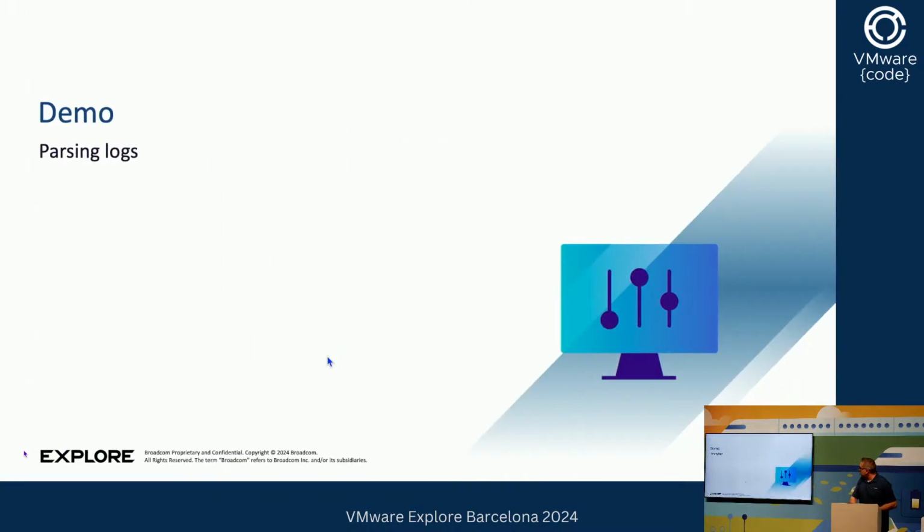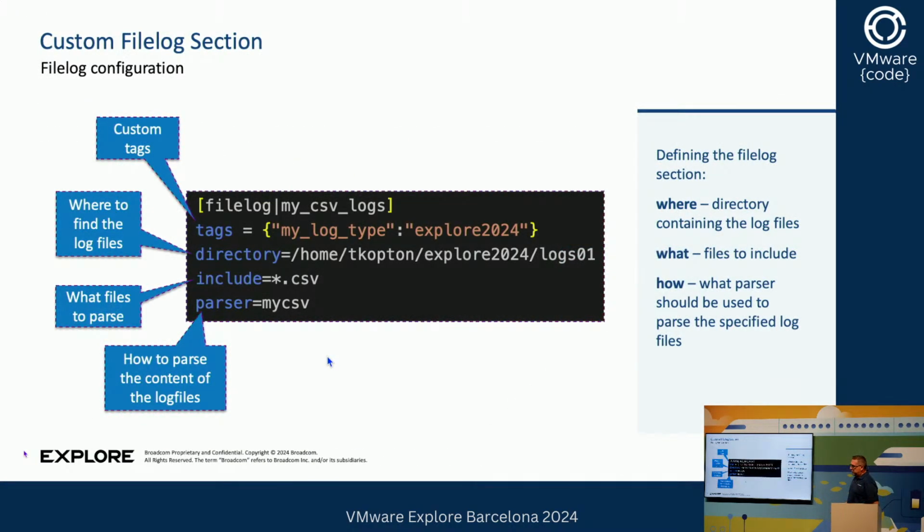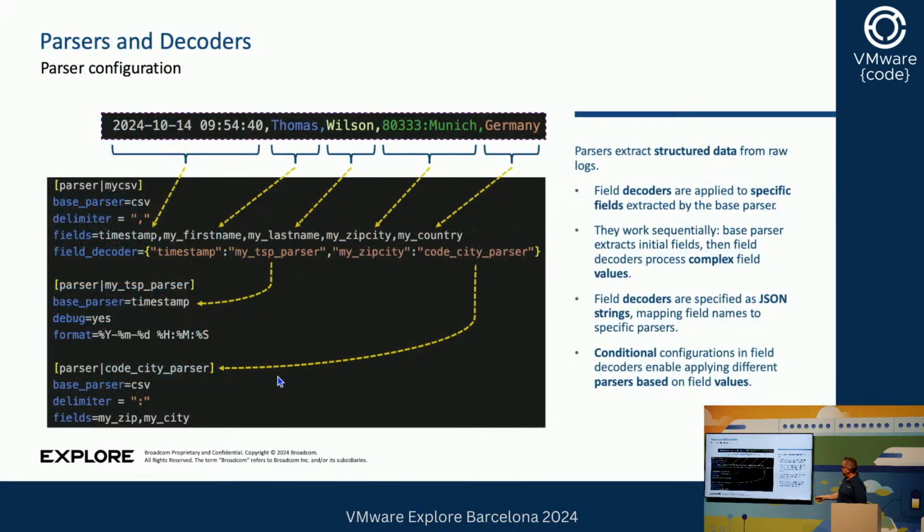So now let's quickly jump to the demos. Just 1 minute left. Again, you can set custom tags simply for filtering, for maybe forwarding. So take your messages, specify where to look for the log files, what log files to parse, what parser you are using, and here again the timestamp, the first name, the last name, the zip city combination, the country, and for the timestamp we're using this parser.